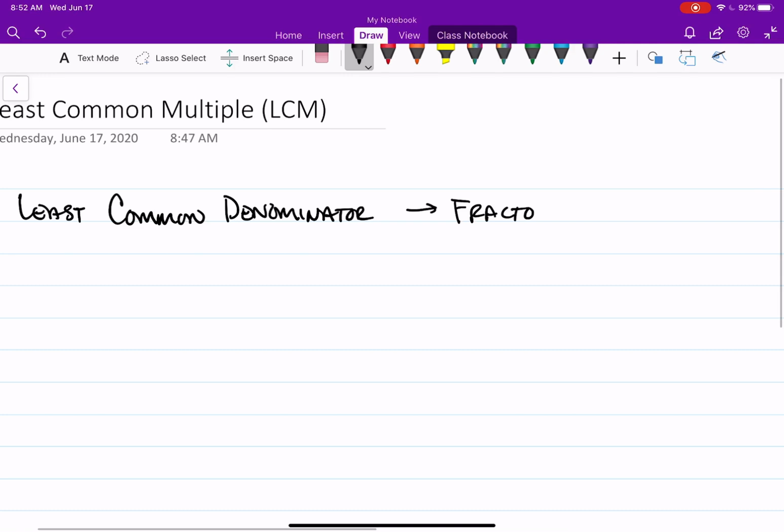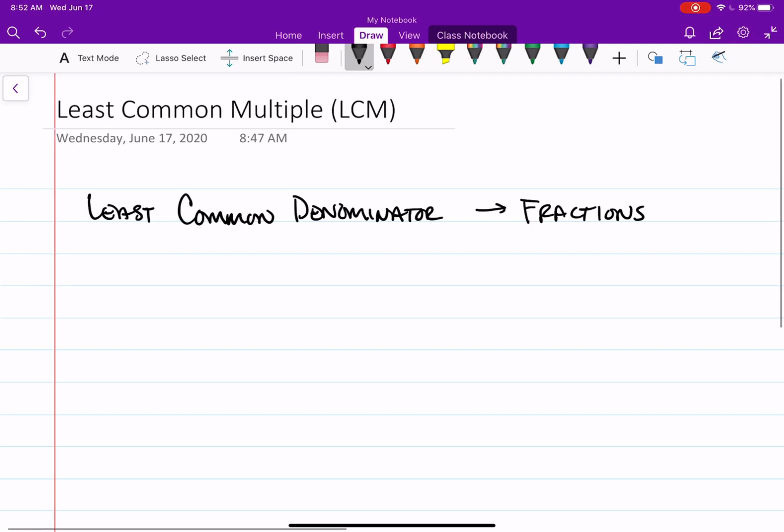Oops, not fractal, fractions. Because that has a denominator, essentially we're using LCM in the denominator. So that's all it is. LCM refers to numbers, while LCD refers to fractions.